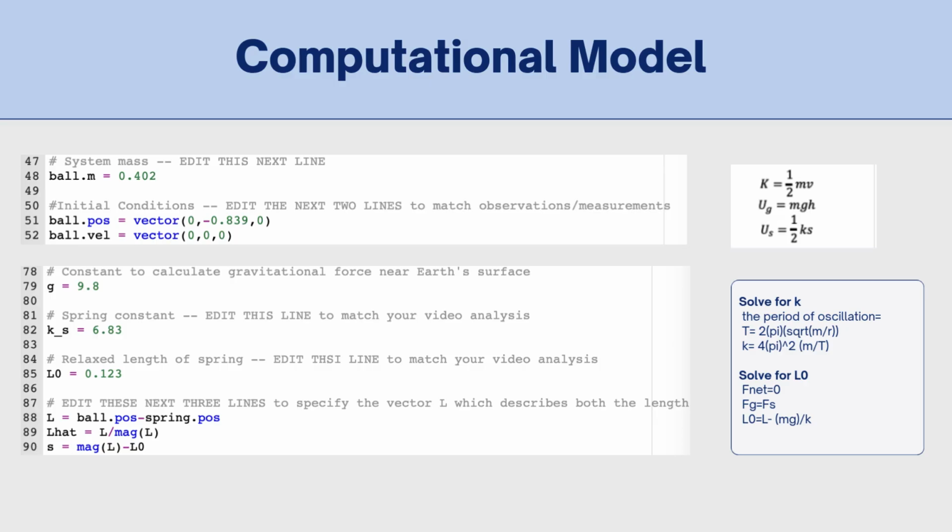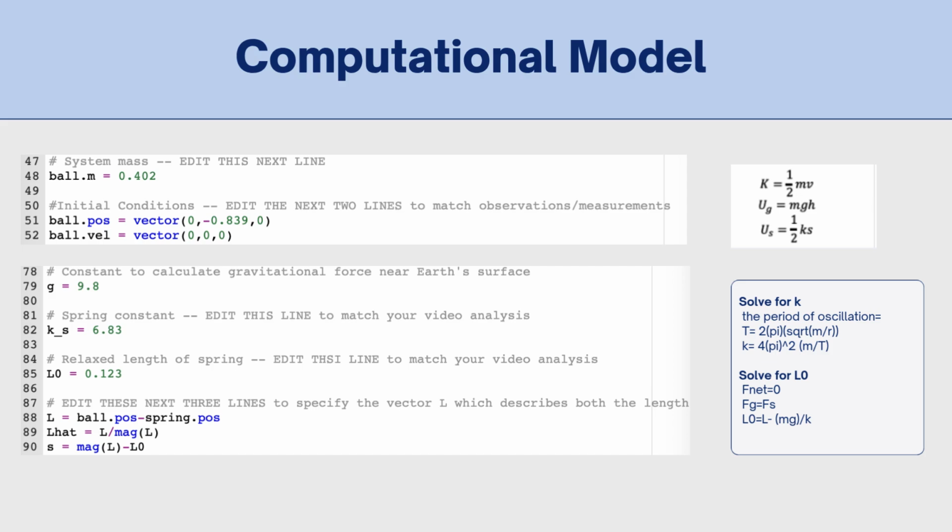For my computational model, most of it is copy and pasted. I did obviously have to update some of these lines of code to find what I needed. I had to update the spring constant and the relaxed length of the spring to match the video that I used, along with some of the other initial conditions like the position.